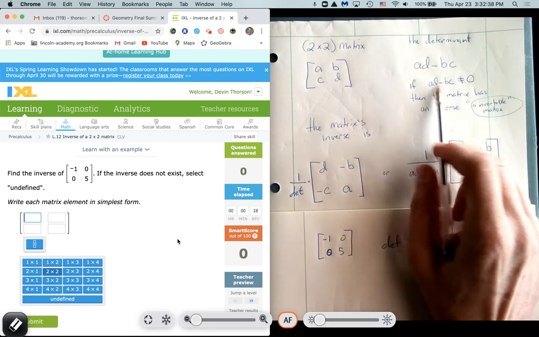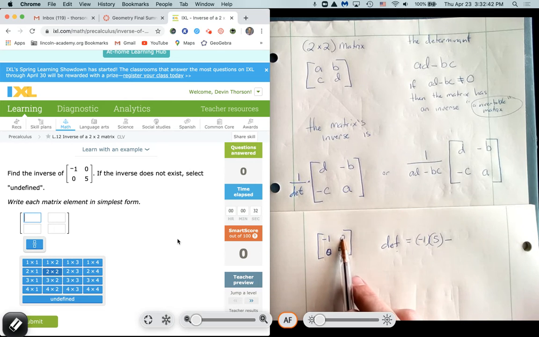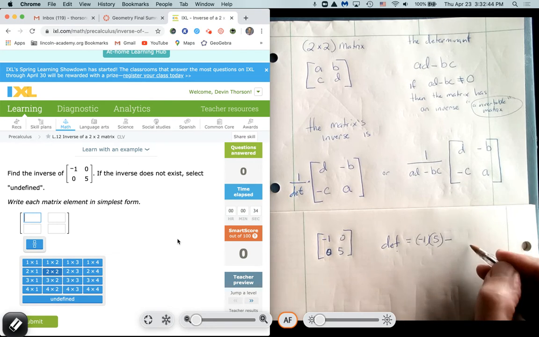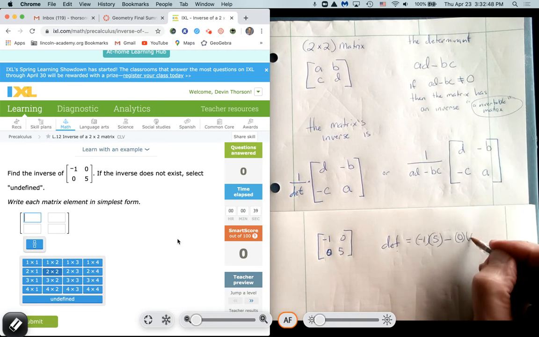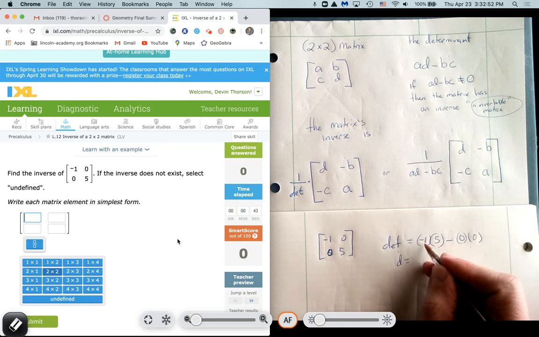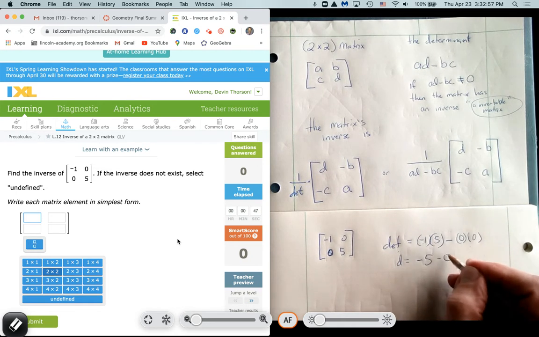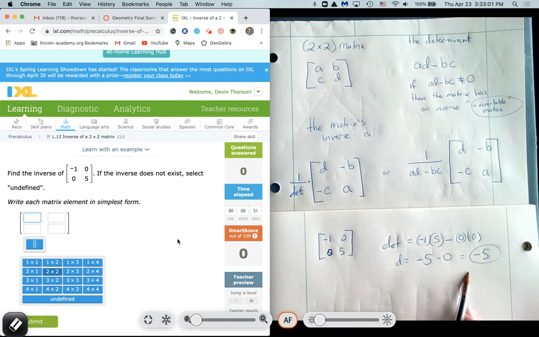Again, if you need to look back up here, A times D, minus B, which is 0, times C, which is also 0. That gives me the determinant is -1 times 5 is -5 minus 0, or just -5. So my determinant is -5.